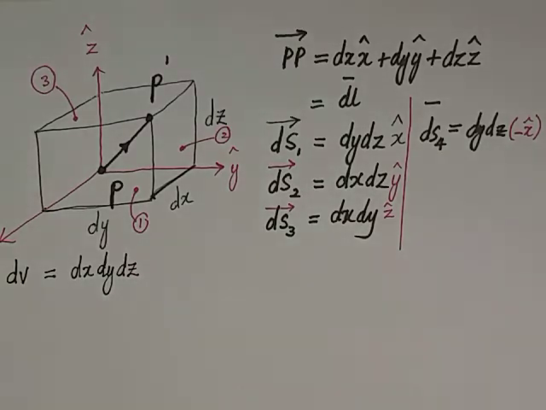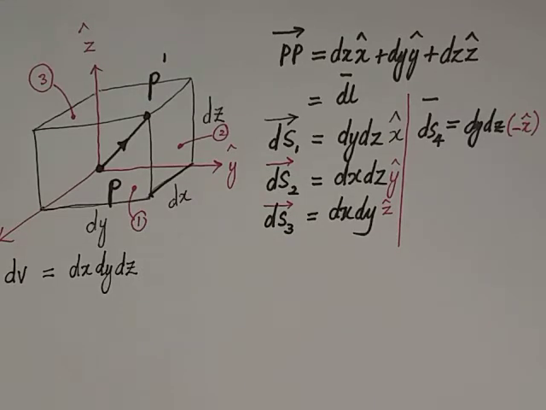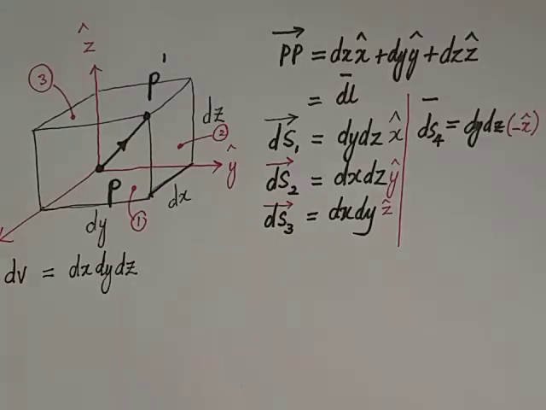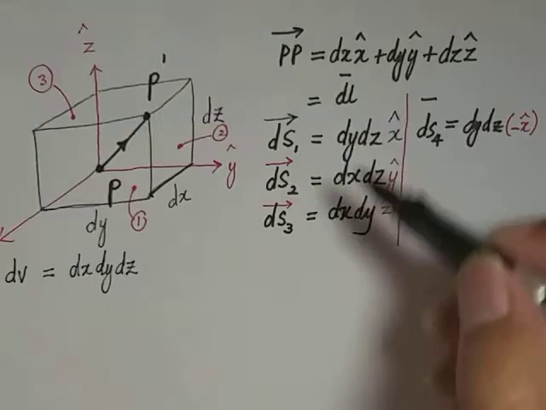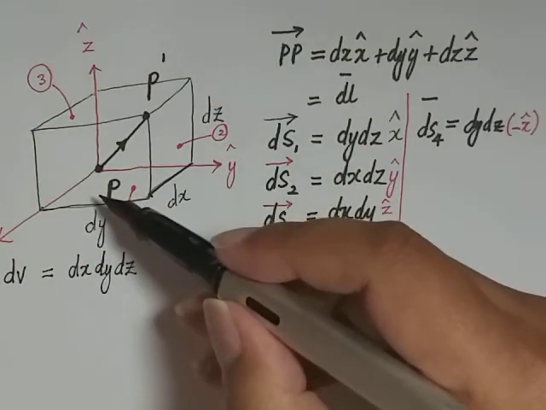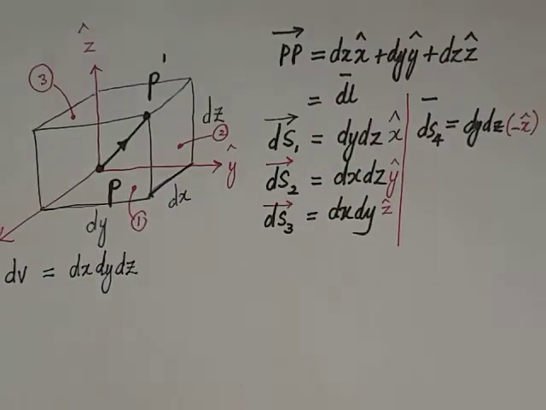So that should be the mathematical symbol that we use when we want to represent the change of volume according to which coordinate system? Cartesian. Okay, so that should be all the three main parameters affected when a point P shifted to P prime based on Cartesian coordinate system.